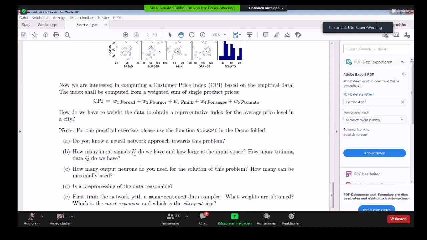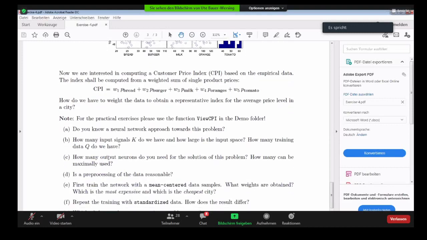So we have 5 inputs, the dimension of input space. How many training samples do we have? We have the prices of 23 cities. So Q is 23, K is 5. How many output neurons do you need for the solution of this problem? We want an index, one number.